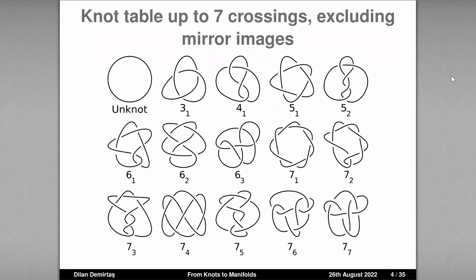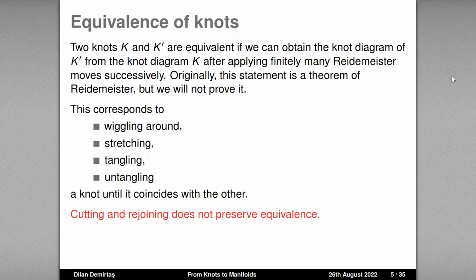Here we can see a knot table up to 7 crossings, and it excludes mirror images. We have our trefoil, unknot, and the figure 8 knot. And you see there are actually many knots that correspond to the same number of crossing points. I talked about 2 knots being equivalent, but what does it actually mean?